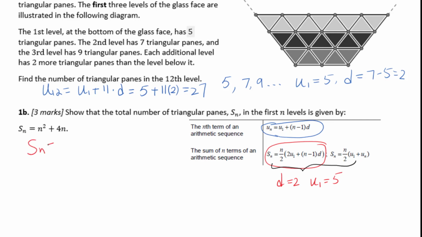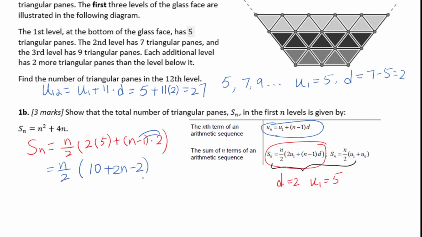S sub n equals n over 2 times 2 times u sub 1, which is 5, plus n minus 1 times 2. Simplify. n over 2, 2 times 5 is 10, distributive property, plus 2n minus 2.